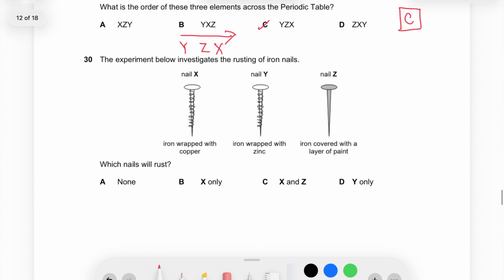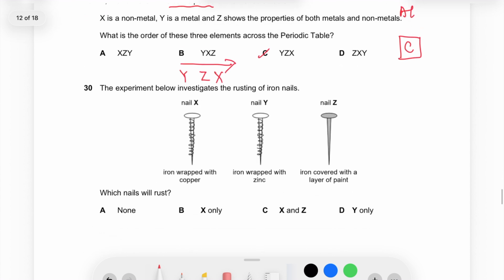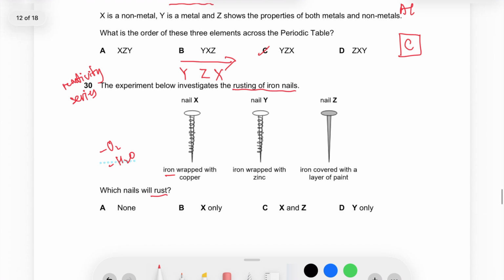Question 30. So this is under metals, reactive series. Which nail will rust? To rust, you need oxygen and water. Minimum, you need these two. As long as one of them is missing, it won't work. Iron, investigate the rusting of iron nails. So iron with copper: iron is more reactive than copper, so iron will rust.